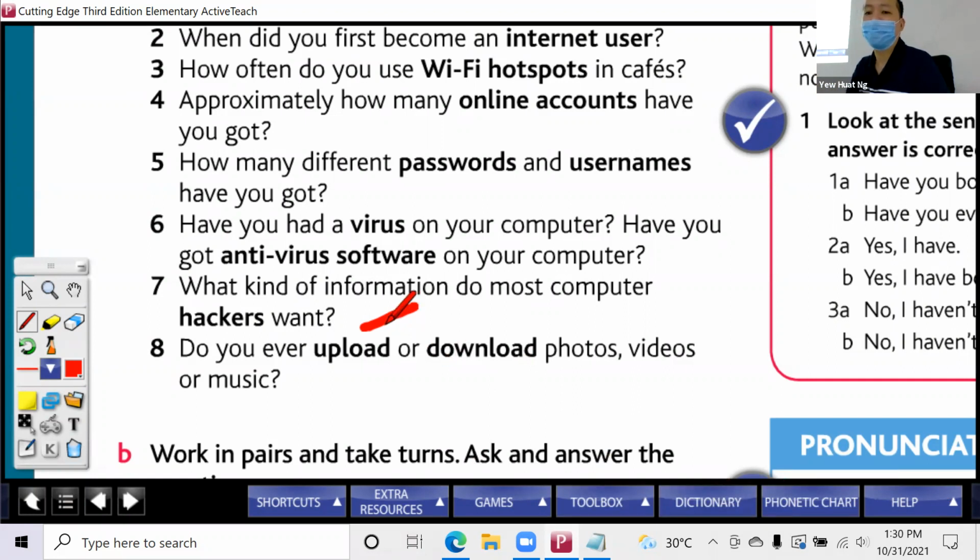Any more? What kind of information do hackers want? Any ideas? Sorry? Photos. Oh, okay. Okay. Photos. Yeah. Next one. Yes, do you download?